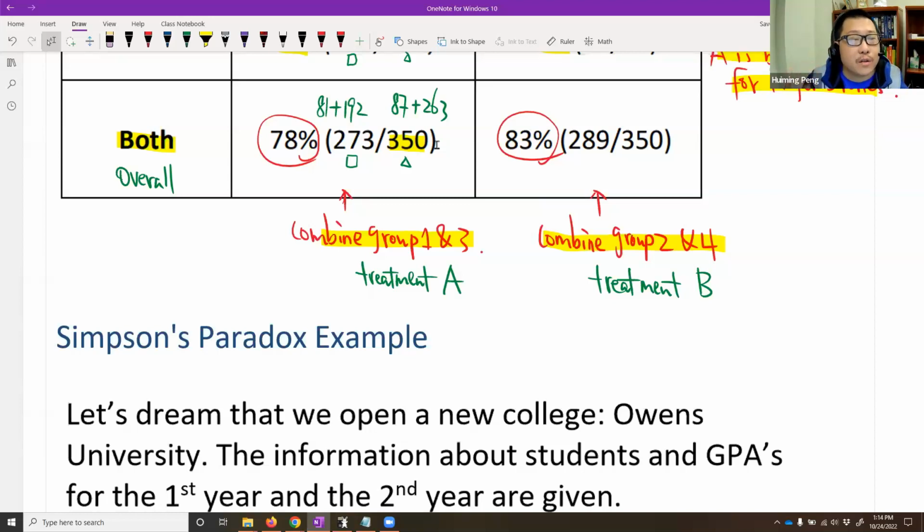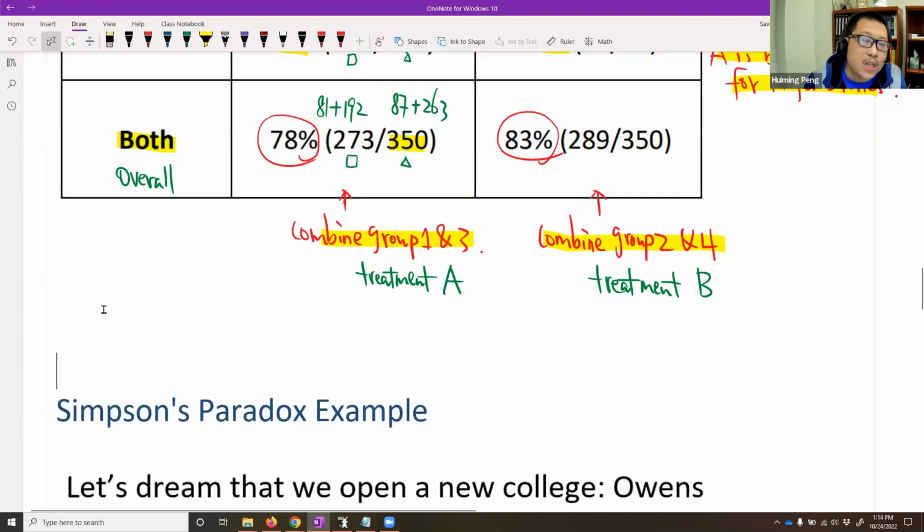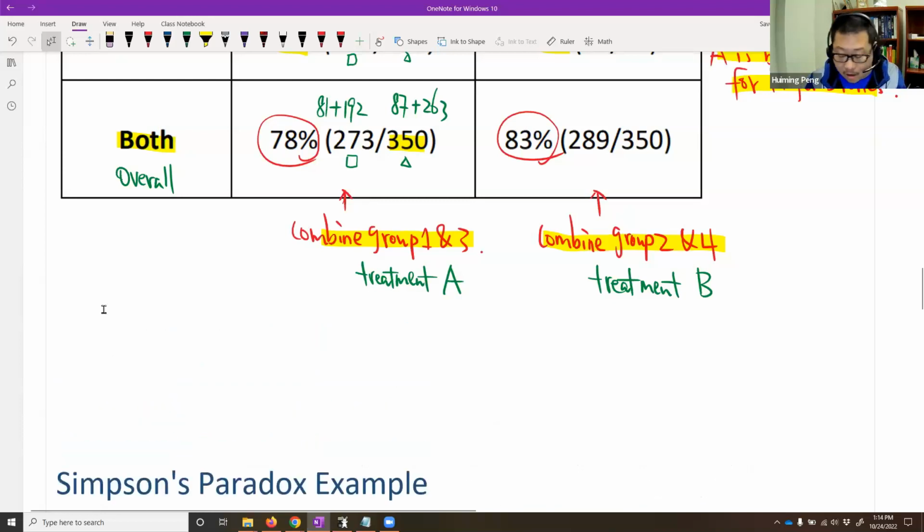What kind of conclusion can you make now? Which treatment is better now? So anyone? Treatment B is better. Treatment B is better because in overall thinking, whatever I put together, 83% is higher than 78%.